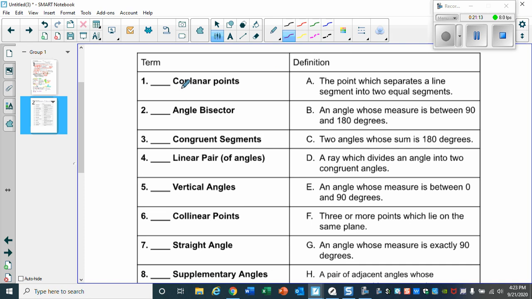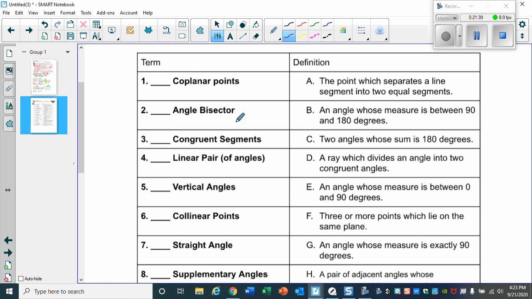So for instance, if it says some type of point, look at your options that are points. Don't look at an option that is a definition of an angle or a ray, right away, don't choose those. Or vice versa. You look at angle, look at the definitions that contain the word angle.